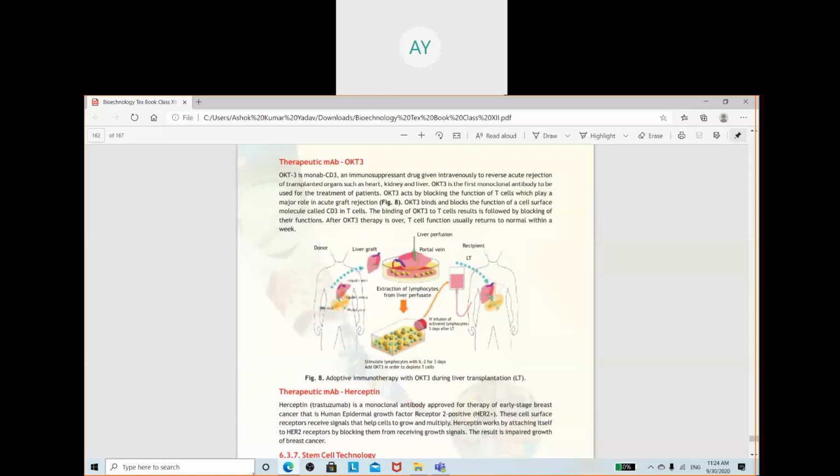It joins with the receptor where, after receiving the signals for the growth of cancerous cells, instead the Herceptin molecule, the monoclonal antibody, joins and prevents the growth of the breast cells in a lady suffering from breast cancer. Is it clear to all of you or not?